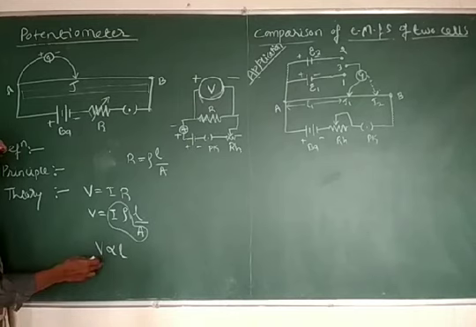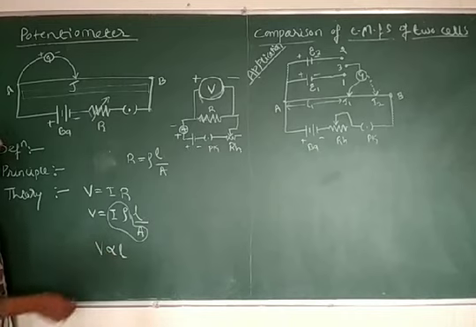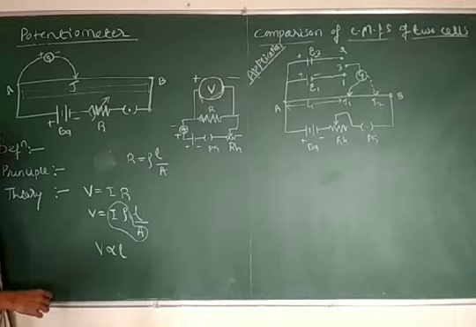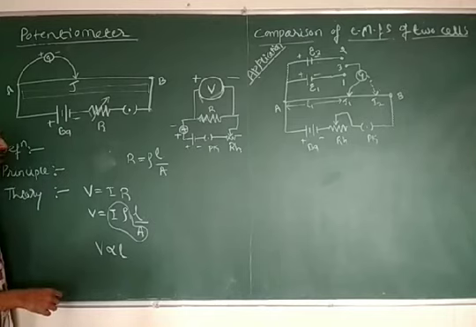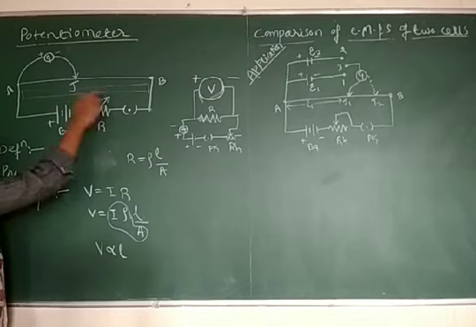What is this principle? This principle states that the potential difference or potential drop between 2 points on the wire of the potentiometer is directly proportional to the length or distance between those 2 points, provided the wire has a uniform cross-sectional area and a constant steady current is made to pass through it.